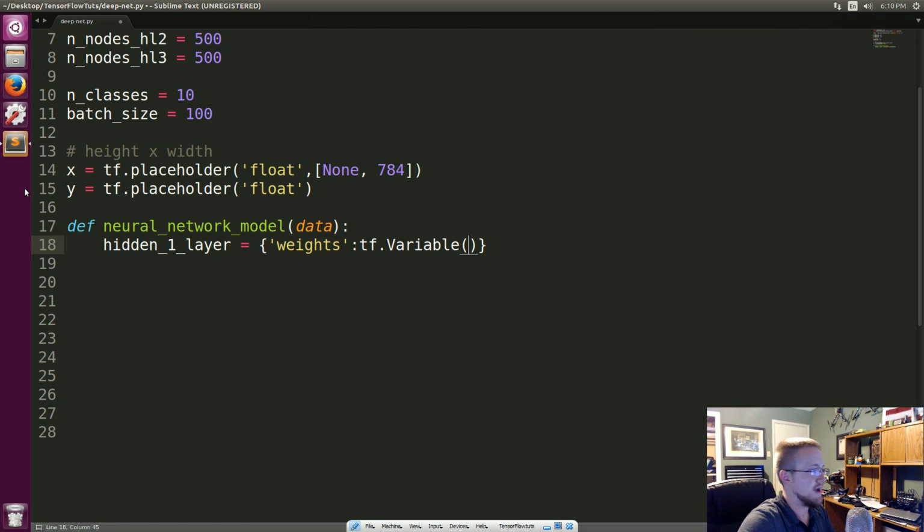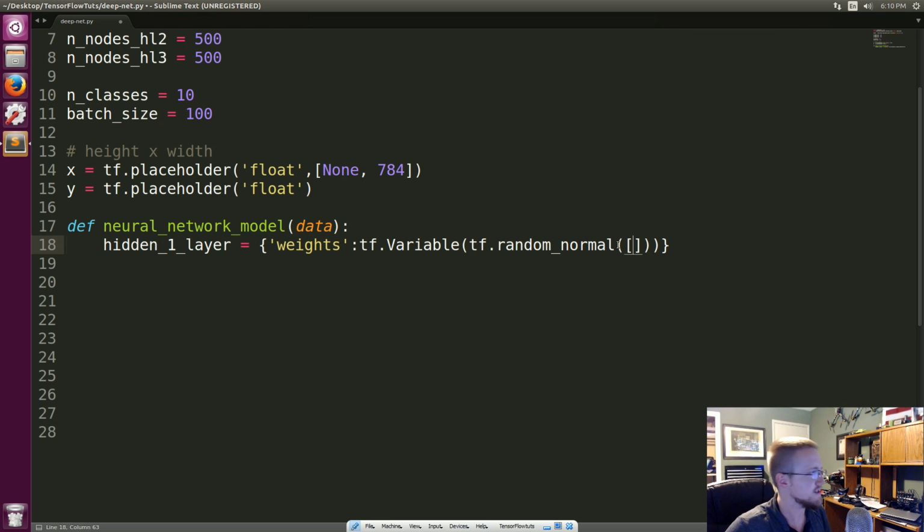tf.Variable, and then hopefully this won't run us off the screen, tf.random_normal, and then of a shape. So the weights here are a TensorFlow variable, and then that variable is a TensorFlow random normal. What we're going to do is specify the shape of that normal.